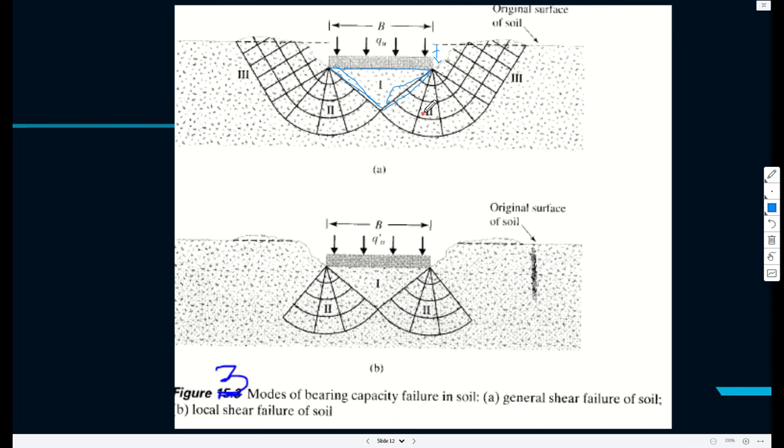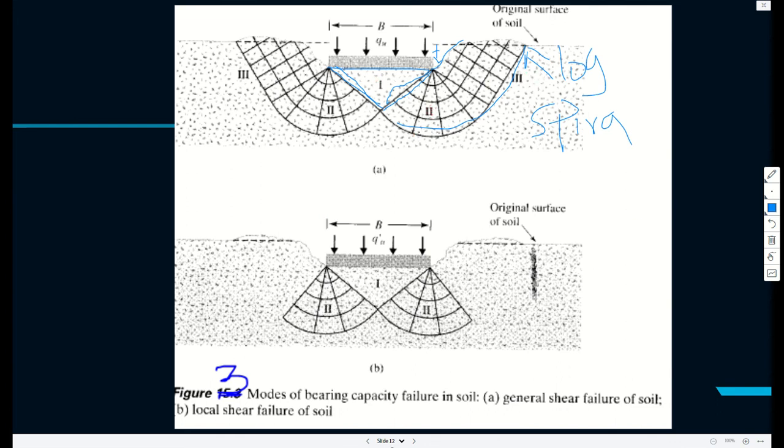So this is zone 1, zone 2. But like we said, the soil surface will bulge, and it's assumed to be a log spiral. This is Terzaghi. Terzaghi assumed that that's a log spiral on both sides. So note zone 1, zone 2, and zone 3.